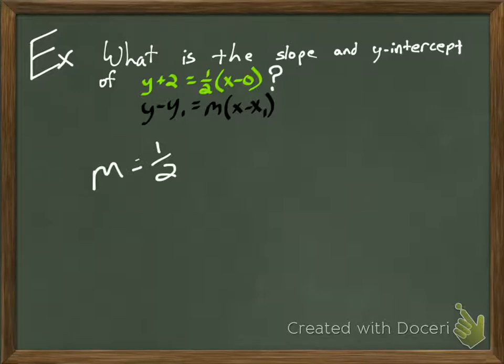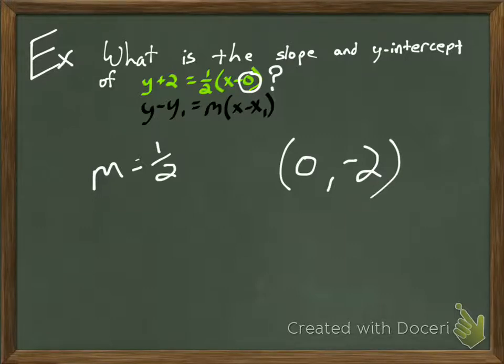There we go. The other point for x1 would be 0. See, it's right here. And for y1 would be 2. Now you got to be careful because that y2, it's supposed to be minus y. So because it's plus 2, that means that's really a negative 2 right there because a minus and negative makes a positive.